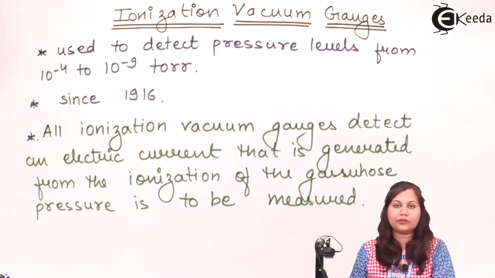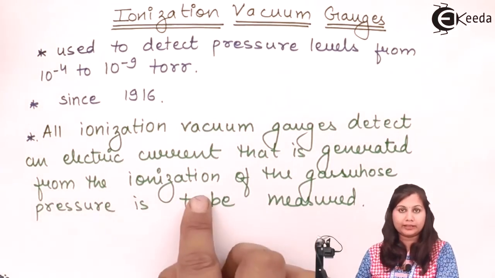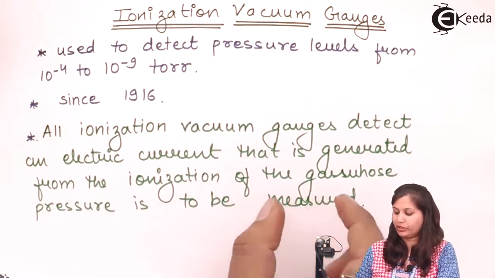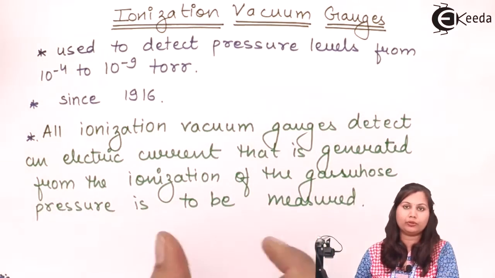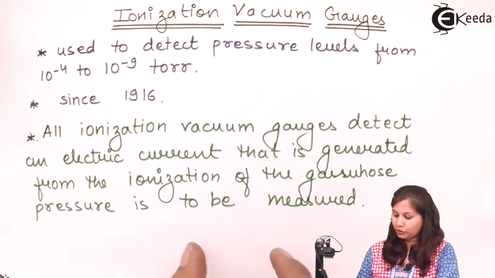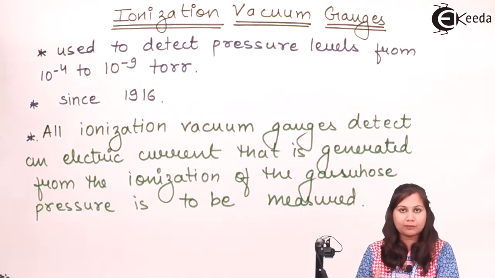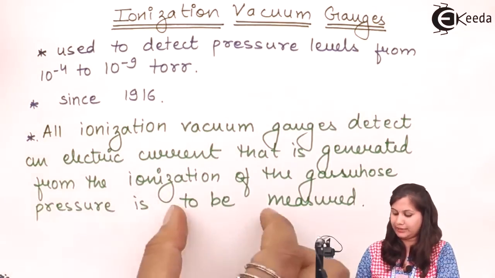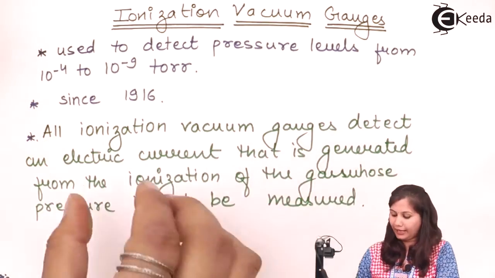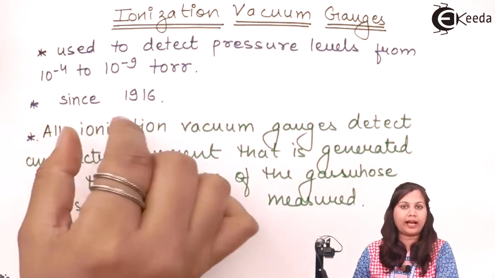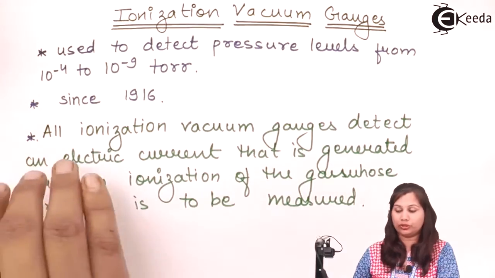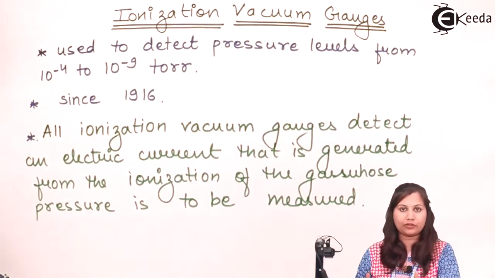Now all the types of ionization vacuum gauges detect an electric current, and this electric current is generated due to the ionization of the gas whose pressure we want to measure. This gas consists of gas molecules, and due to the ionization of those gas molecules, an electric current is generated, and that electric current is detected by the ionization vacuum gauges, because this current is proportional to the ionization of the gas.